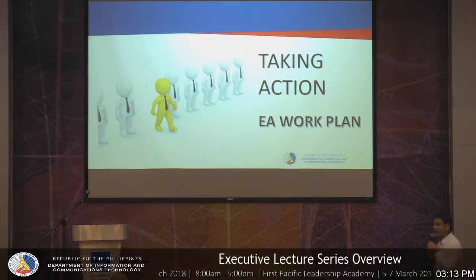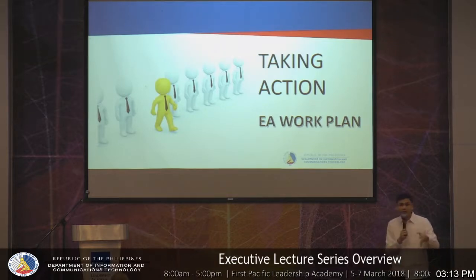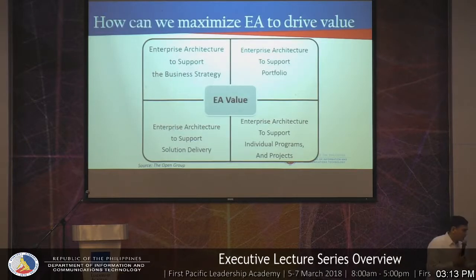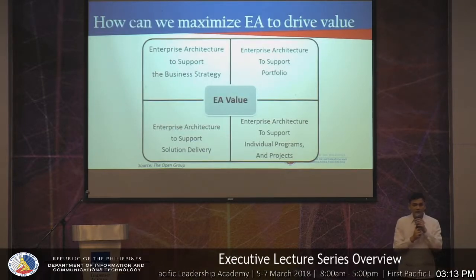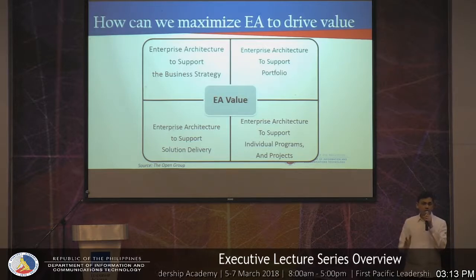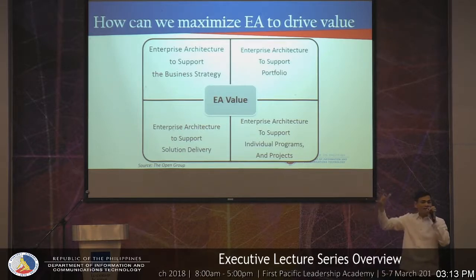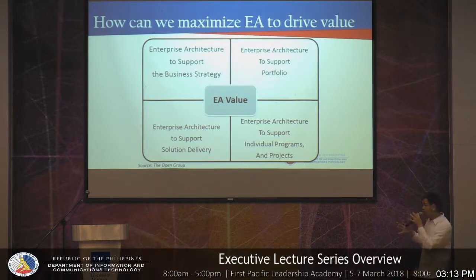Okay, let's talk about some work plan and next steps and learnings. How can we maximize EA to drive value? Number one, EA can support your strategy. Because it looks at it in a holistic way, it looks at it at the enterprise level as well.